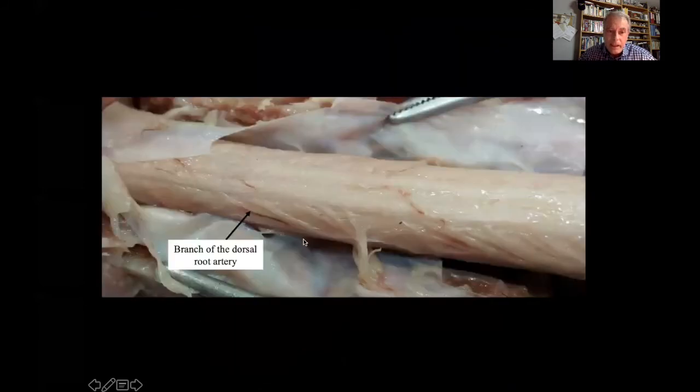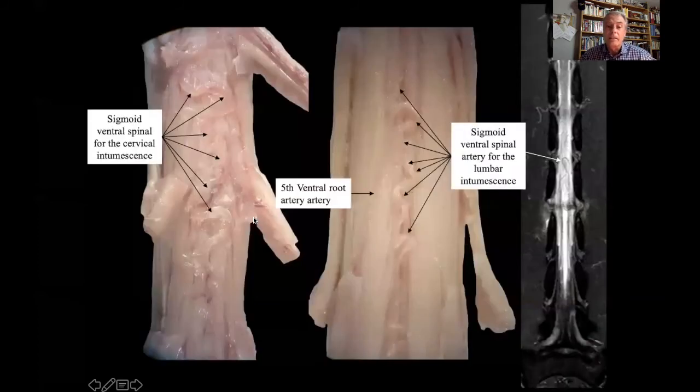And again, in this dissection of the spinal cord, the dura mater has been removed. So we see that these radicular arteries are running with the small roots that are going to form a spinal nerve. These are radicular arteries.